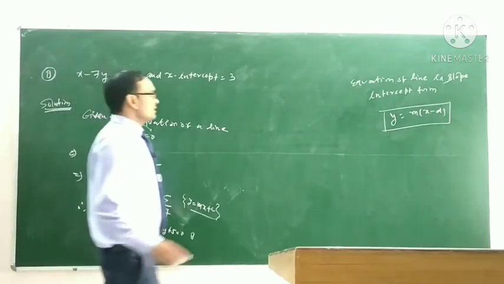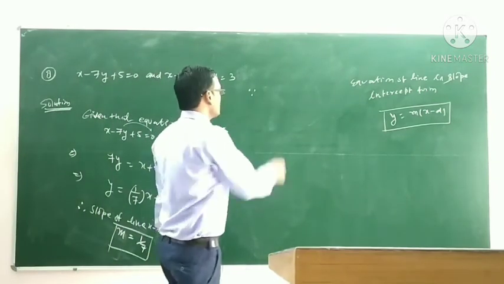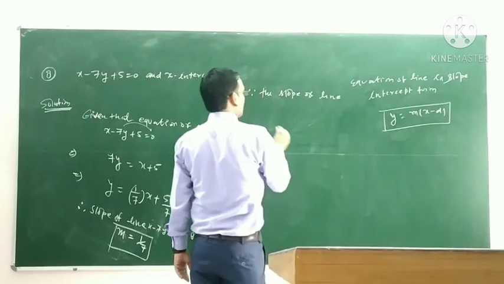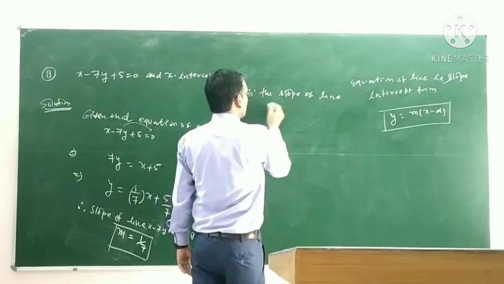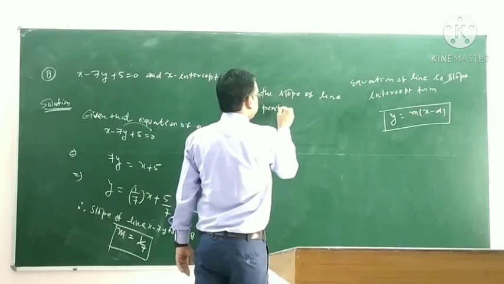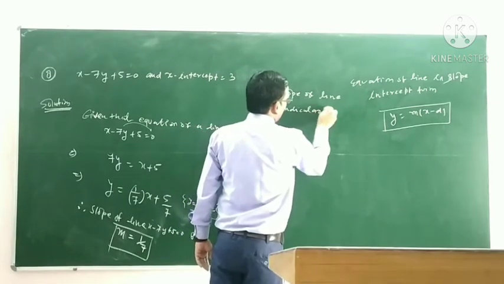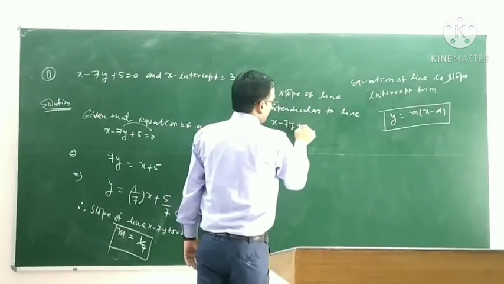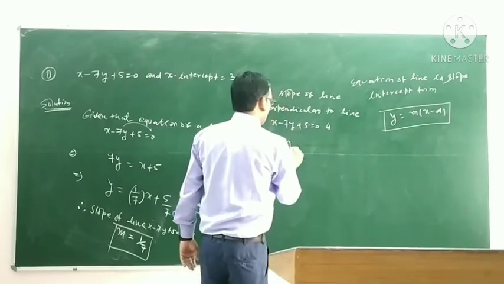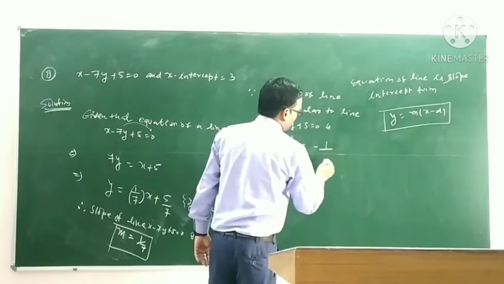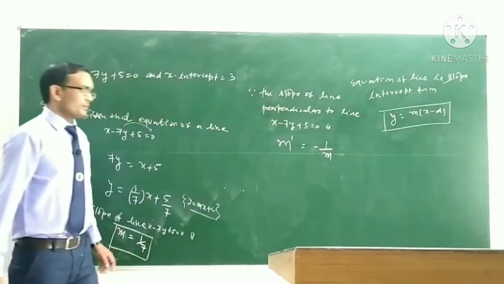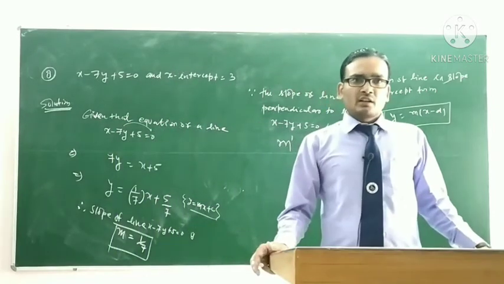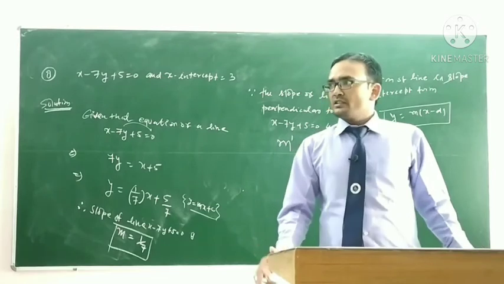Okay students, since the slope of the line perpendicular to the line x minus 7y plus 5 equal to 0 is m dash is equal to minus 1 by m. Okay students, because we know that if lines are perpendicular, then their slopes are negative reciprocals of each other.